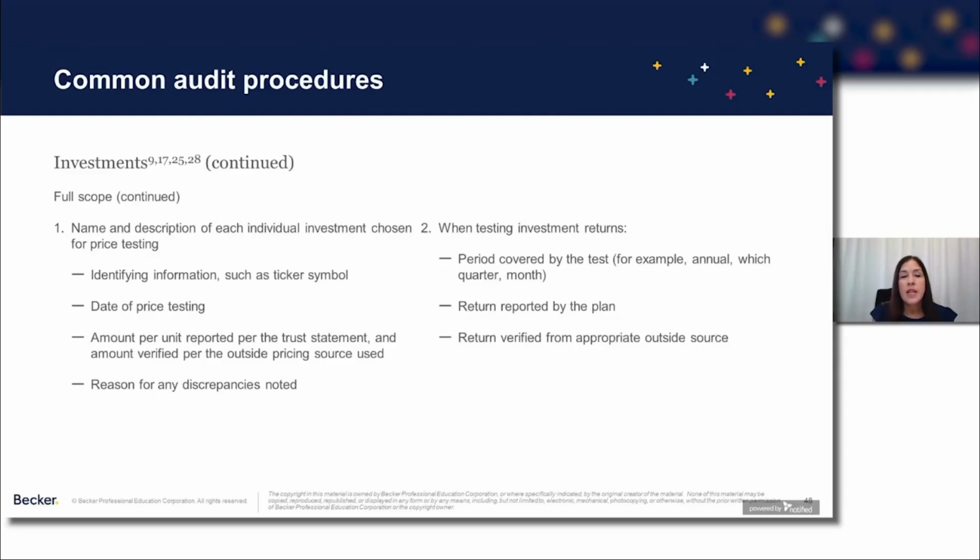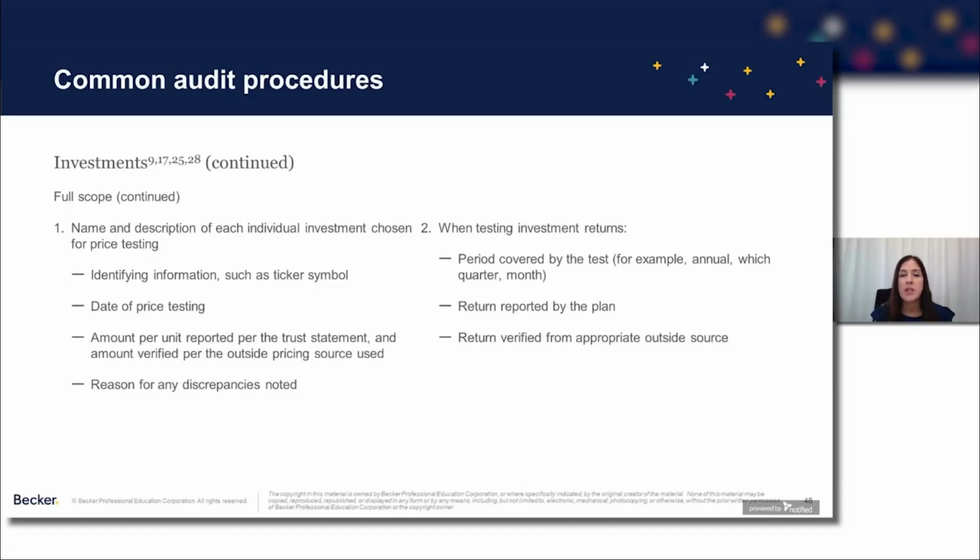So with the non-ERISA 103A3C audit, these are some of the example procedures that you would perform when you're testing the purchase price and the investment returns.